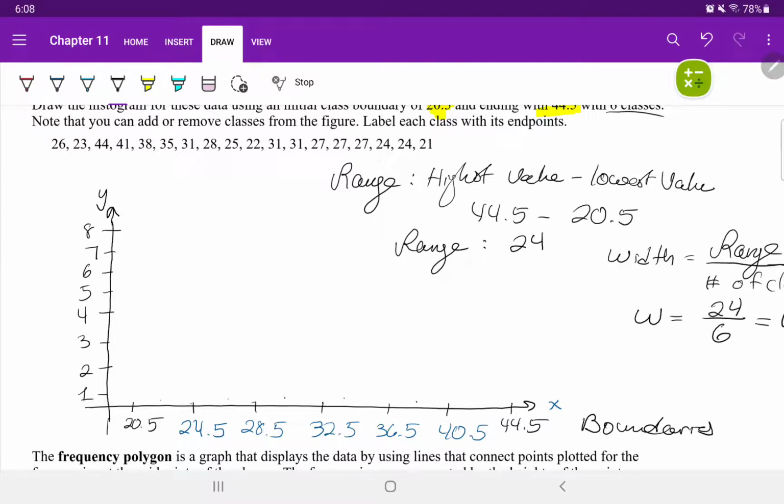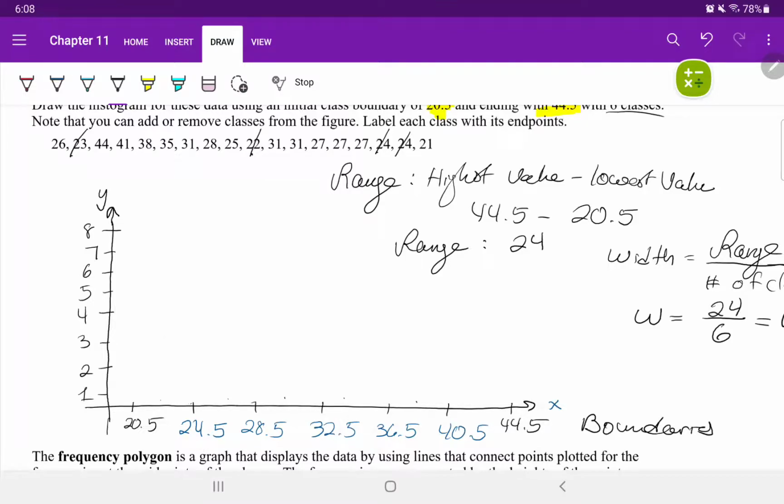And these are class boundaries, not limits. Don't confuse the two. Between 20.5 and 24.5, that's 1, 2, 3, 4. 4 data values.